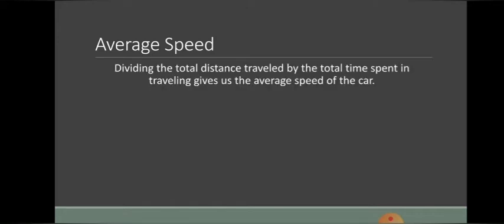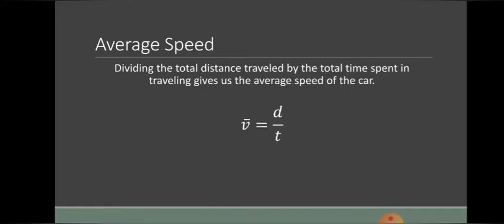So, we have what we call average speed. The average speed is calculated by dividing the total distance traveled by the total time spent in traveling, and thus it gives us the average speed of the car.